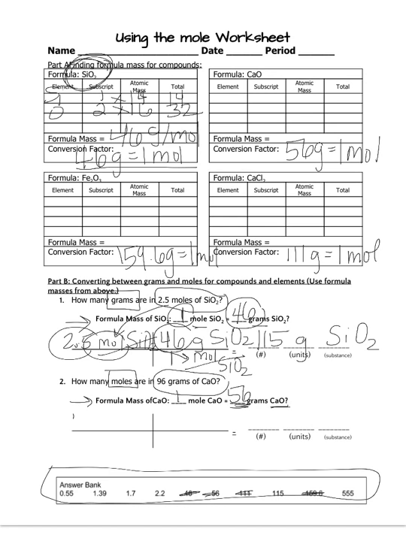We're going to put our given in the first box, 96 g CaO. Now the grams are going to cancel here at the bottom, and then we have a conversion between grams and moles, so we can put moles up here.